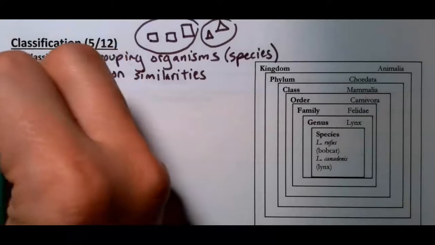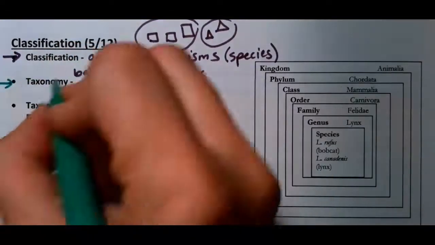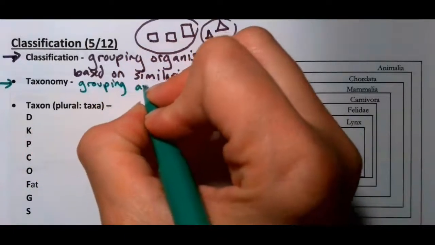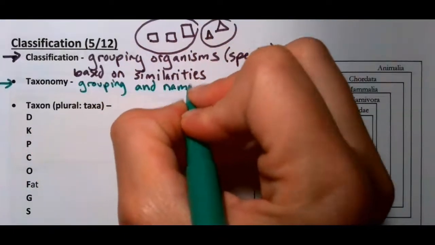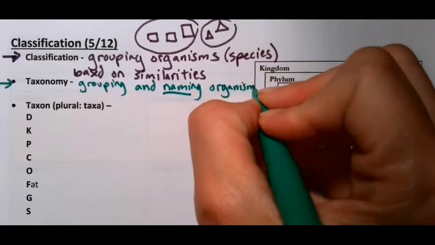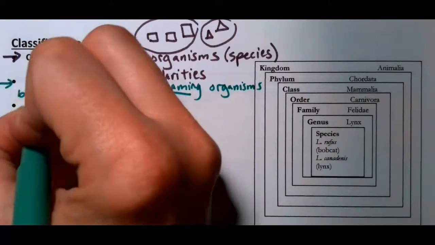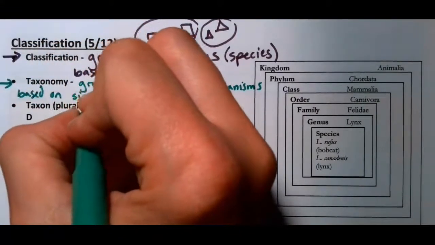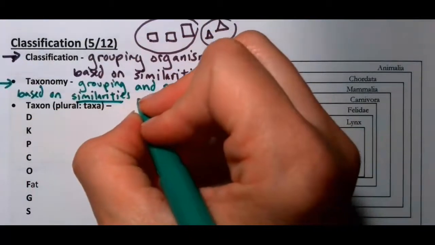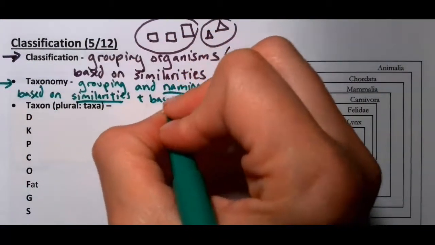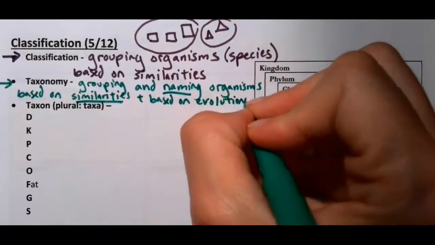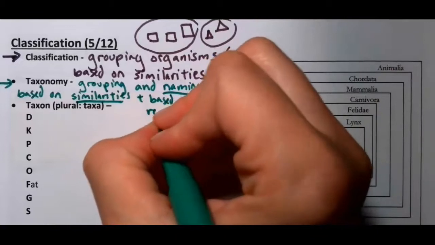Taxonomy is grouping and naming organisms based on similarities and based on evolutionary relationships.